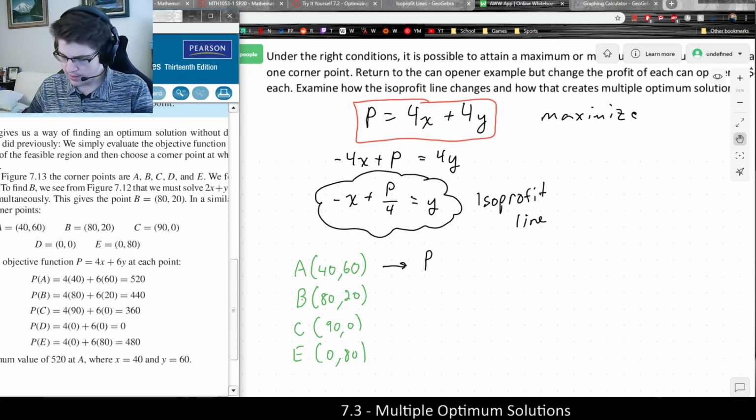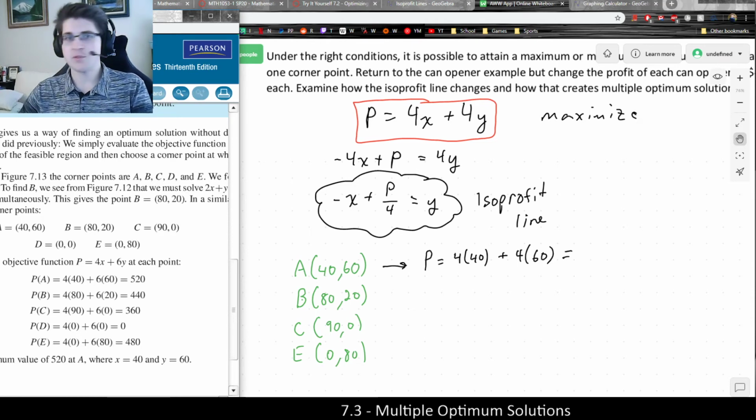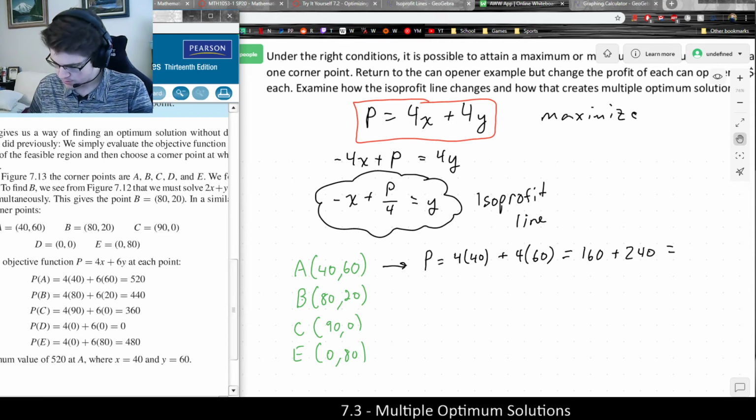So in my profit function, that's $4 per manual can opener plus $4 per electric can opener. The profit of producing 40 and 60 would be 160 plus 240, which is, of course, $400 under these new parameters.